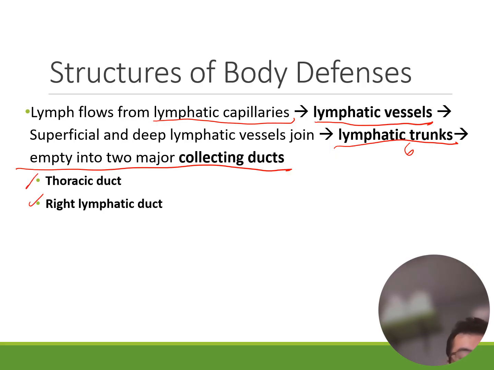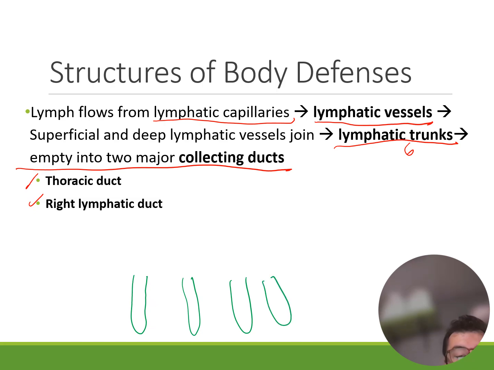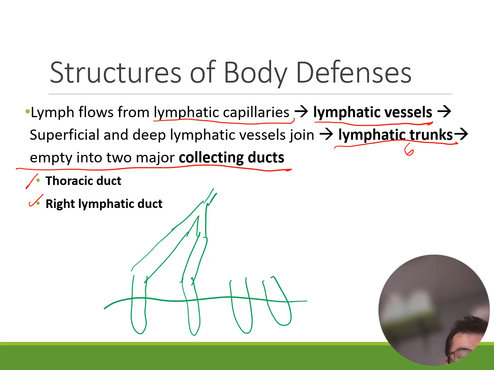So we have our lymphatic capillary, and we have multiple coming from multiple capillary beds, and then they join and form a trunk. At this level right here will be a lymphatic capillary. At this level will be lymphatic vessels.